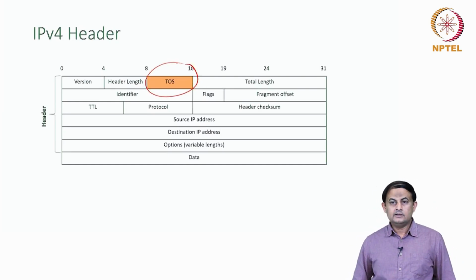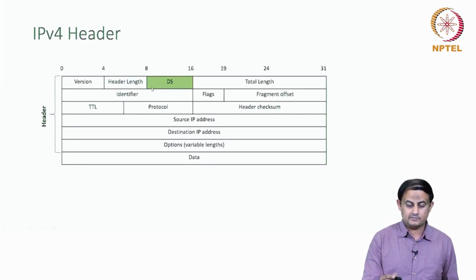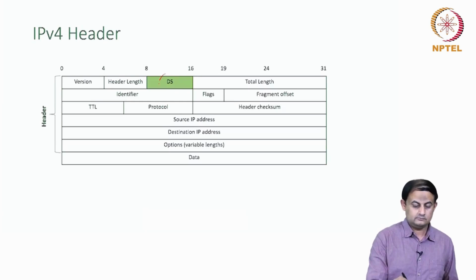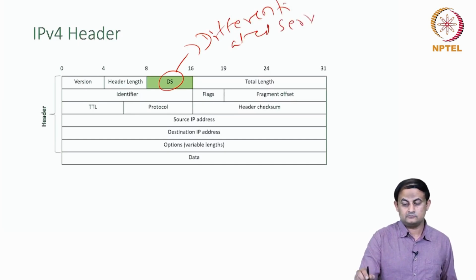Often you might have seen that this field is sometimes marked as the type of service field and sometimes marked as the differentiated service. Here it is, DS stands for differentiated service.